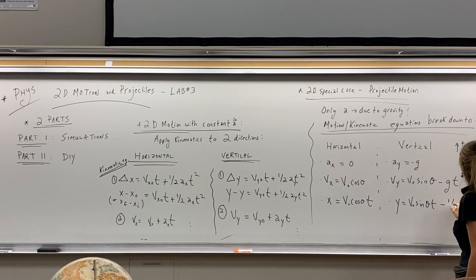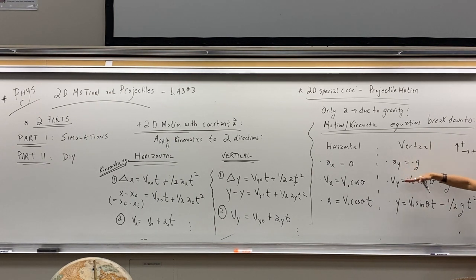So this will be minus 1/2 gt squared. Okay, so I laid out all my motion quantities in the vertical direction. So what you want to do again is plug in any knowns that you have in a problem and then use these to find your unknowns when you know it's projectile motion.